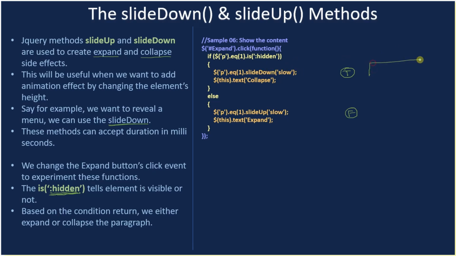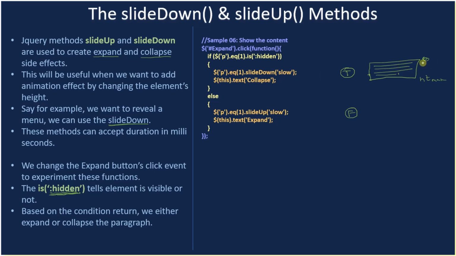Suppose this is the paragraph content, right? This is the element, the height 0, and this is height max, the maximum height required to display the paragraph completely, right?